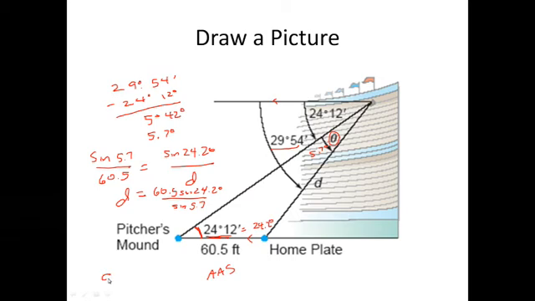I put that in my calculator, and I'm going to end up with a D about 249.7 feet. So even though it was a complicated looking problem in the beginning, once we drew a picture, determined what angles we knew, it was easily solved using law of sines.